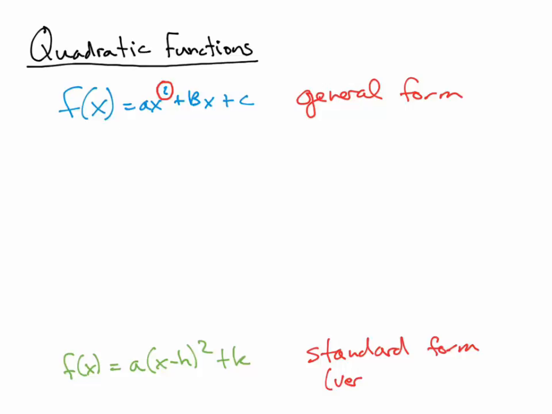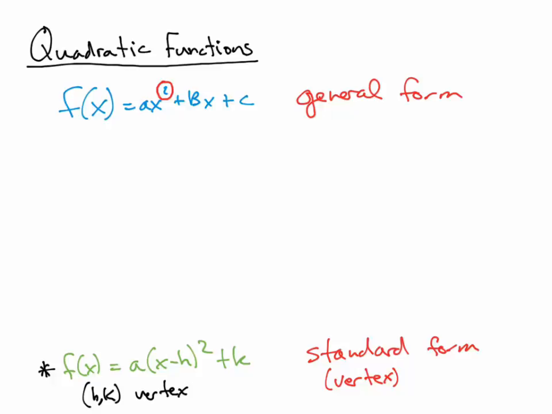And the reason this is called vertex form is because in this form we say (h, k) is the vertex of the graph. And we'll talk more about the vertex here when we start graphing some of these functions.